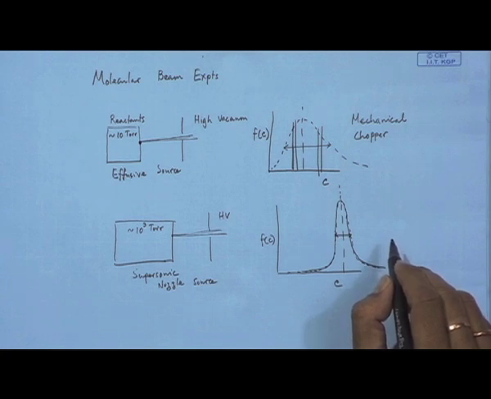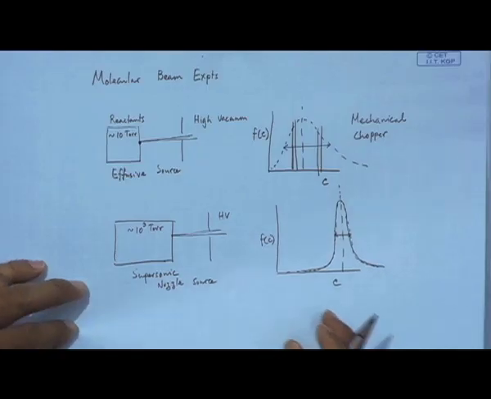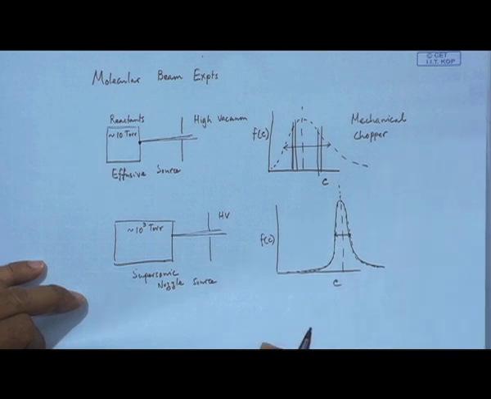Okay. Next, what can we measure from such an arrangement, I mean a molecular beam experiment? What is the net aim of using such a molecular beam arrangement, where in one case you use an effusive source, and in another case you use a supersonic nozzle source?